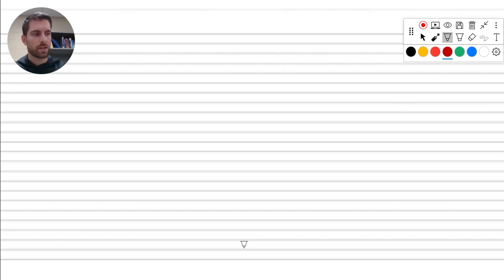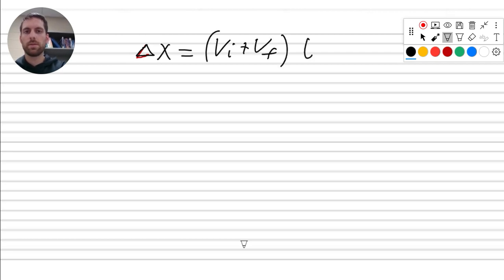When acceleration is not given, we can use this form: change in x equals v initial plus v final over 2, times t, and it really is just the average that's here. So everything else is mostly the same as the first row, and this time around you just have this quantity that you can break up as needed. That's why it looks a little different.